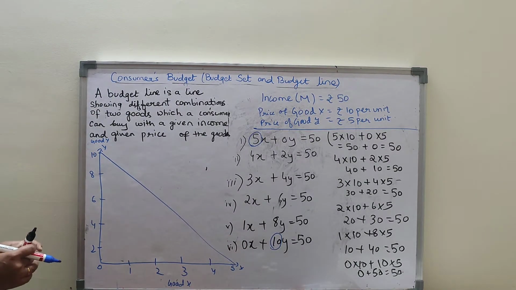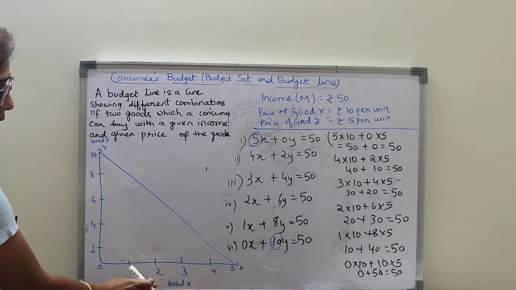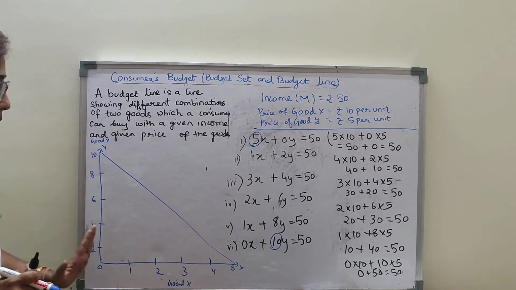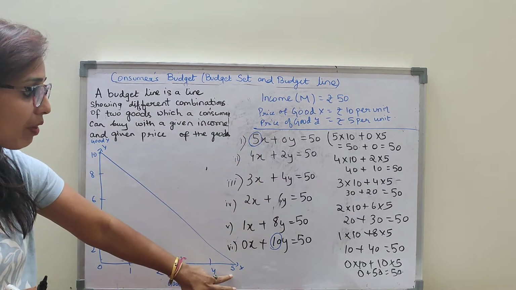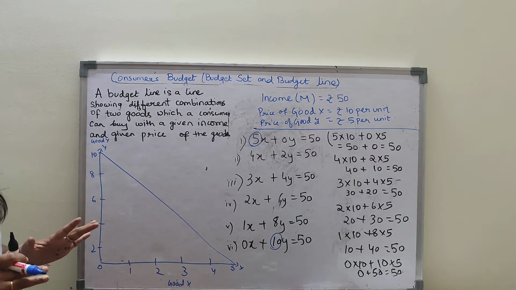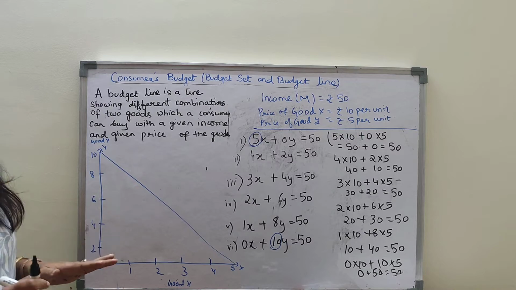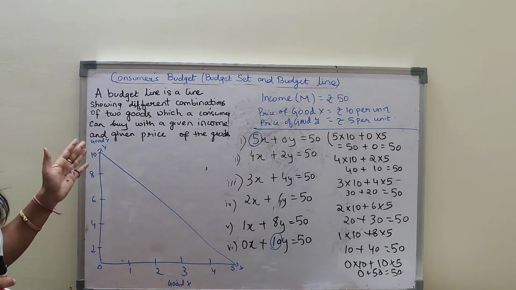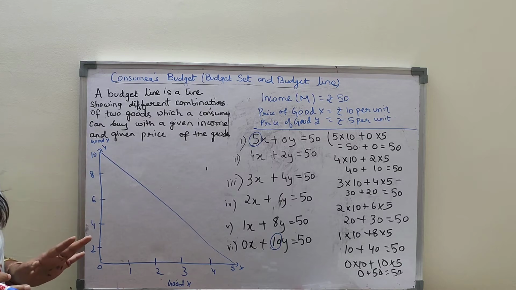Clear? Remember, the consumer will purchase maximum units of X and maximum units of Y. Clear?